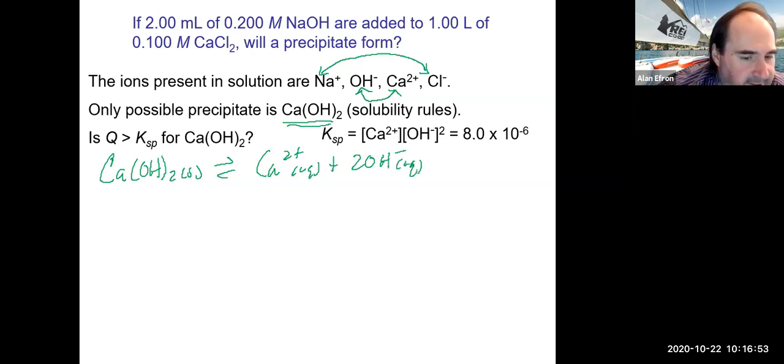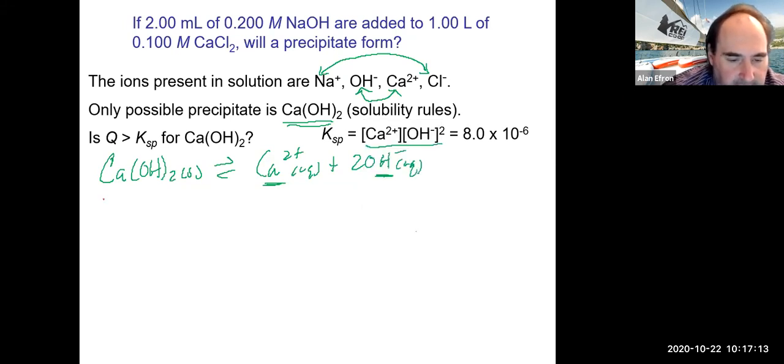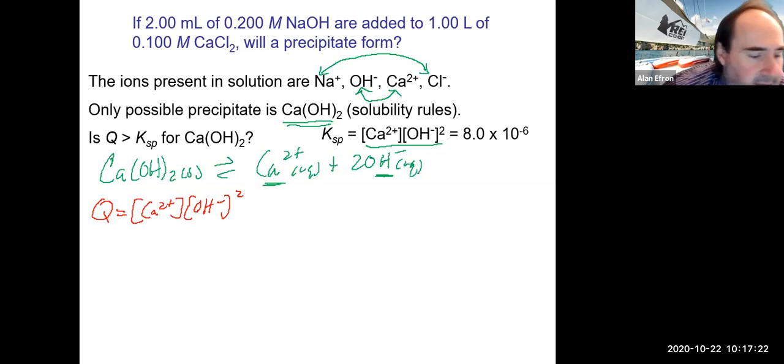And in this particular case, our Ksp expression is our calcium and our hydroxide squared. Now we need the concentration of calcium and hydroxide so that we can put it into our Q expression. And our Q would be the exact same thing. So Q is our calcium times our hydroxide concentration squared. So again, Q is calculated the exact same way as Ksp.